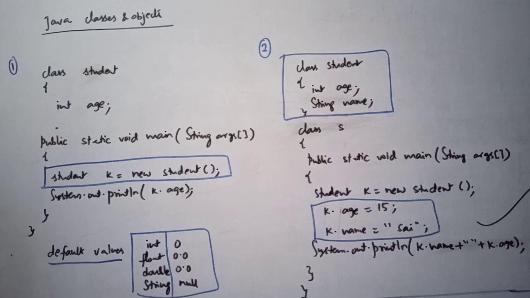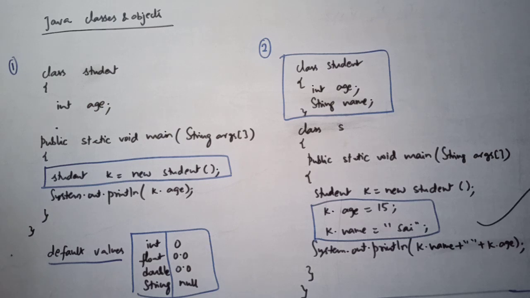Here we use the term methods in Java for functions. And in this program, age is not assigned any value, so it automatically takes a default value. If it is integer, the default value is 0.